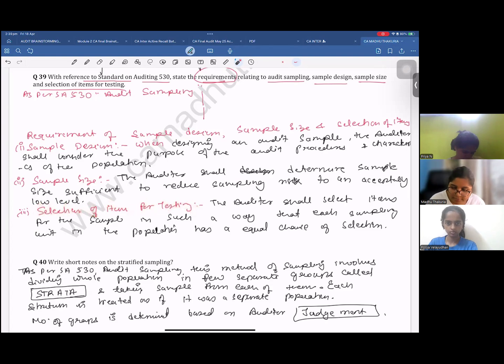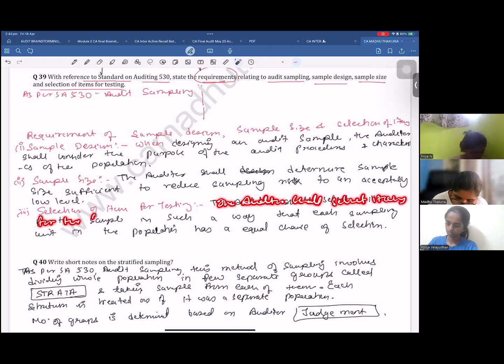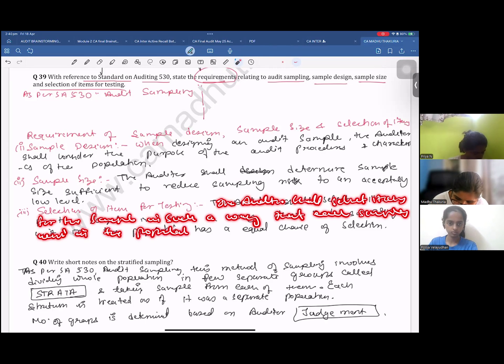While you are doing that, the auditor shall select items for the sample in such a way that each sampling unit in the population has an equal chance of selection.